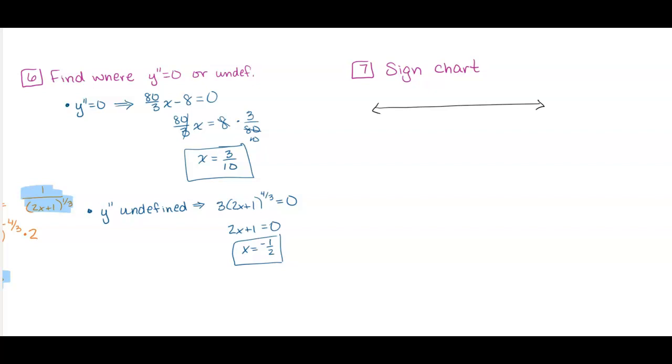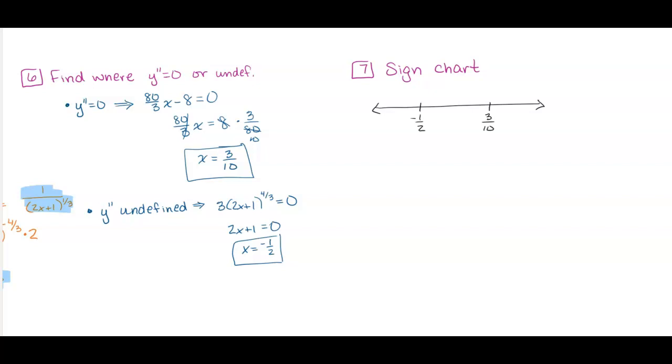So I've got a negative 1/2 and a 3/10. I'm kind of wondering if that was supposed to be a negative 3/10.